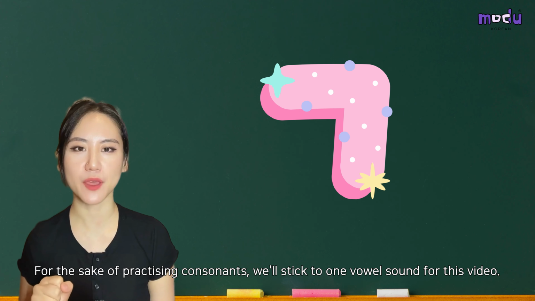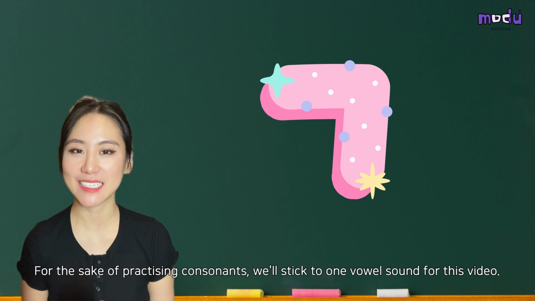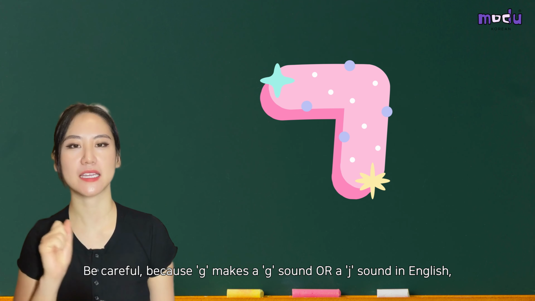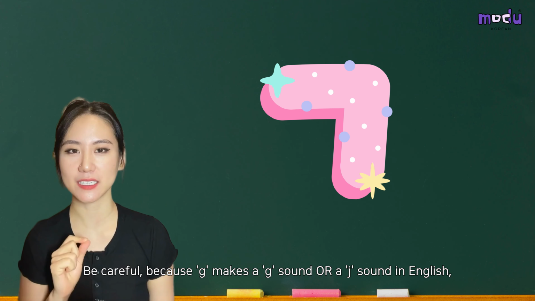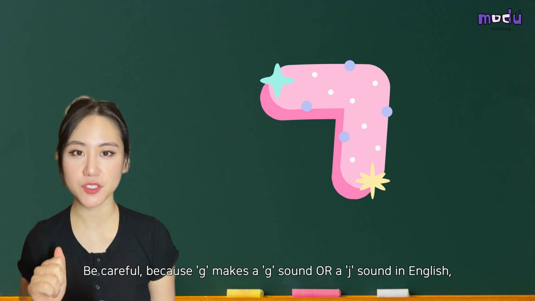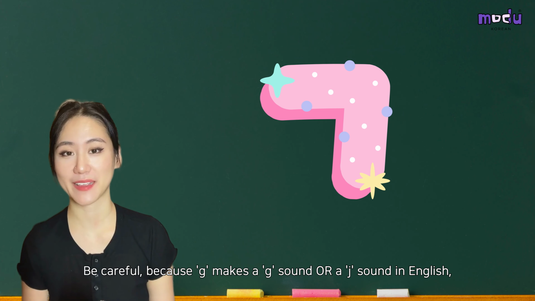So we're going to start with the G character, the G sound. Now don't get confused because in English, the G letter makes a G sound and it also makes a J sound depending on the word. It's a bit crazy.